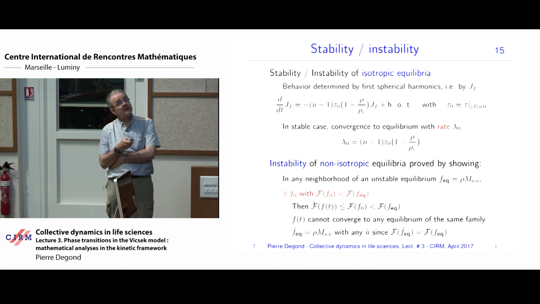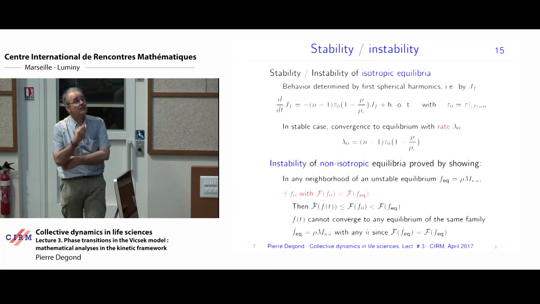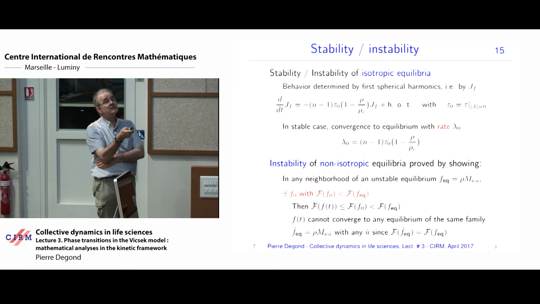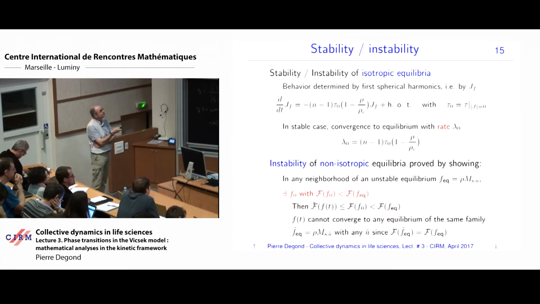The higher order terms are small, so the behavior is controlled by this, and according to the position of rho with respect to rho c, you get stability or instability. And in the stable case, you even get a rate of convergence to equilibrium.